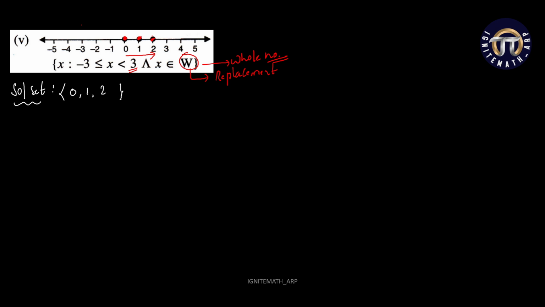So basically you need to understand, it all depends upon what the replacement set is. If the replacement set is the set of integers, whole numbers or natural numbers, then it should be written in the roster form. Watch the previous video, the previous episode, very carefully. You will understand it from top to bottom.